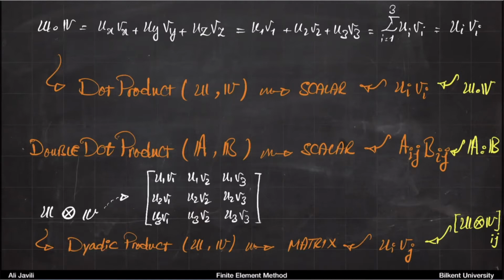Okay, so this is u dyadic v. And you can imagine, for instance, if you play the same game on, I don't know, one of these base vectors. Okay, so let's think about a base vector e1 dyadic e2, for instance. e1 is the unit vector in the first direction. e2 is the unit vector in the two direction, or in the y direction.